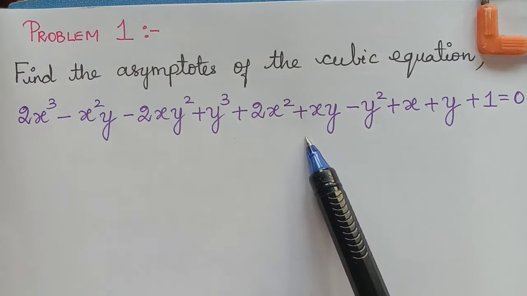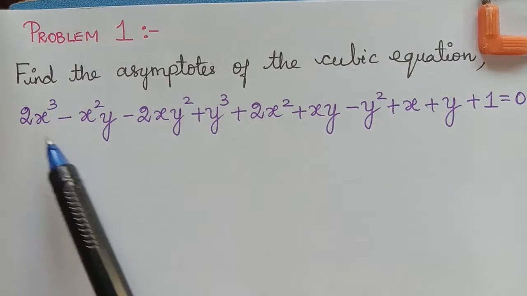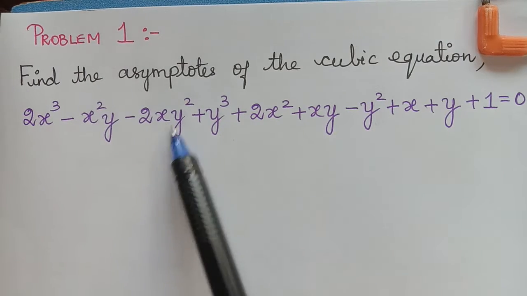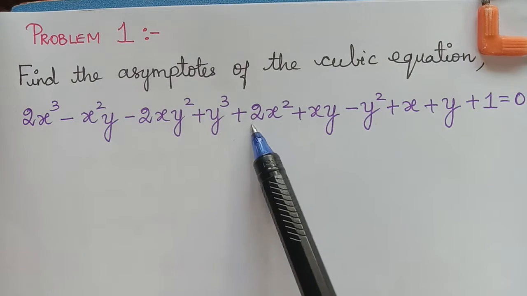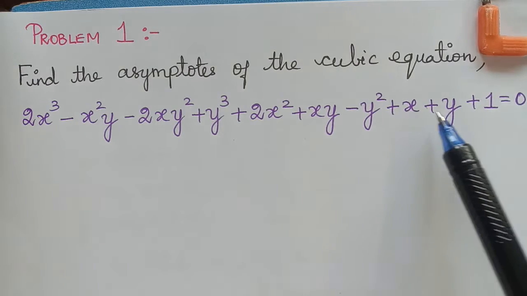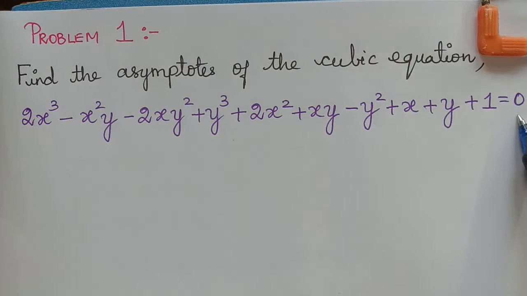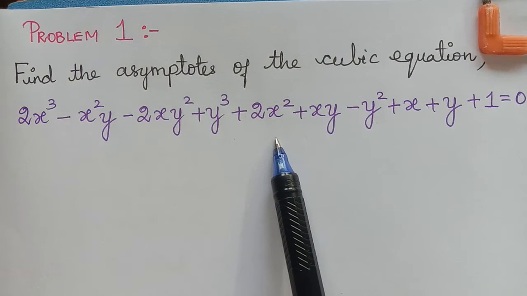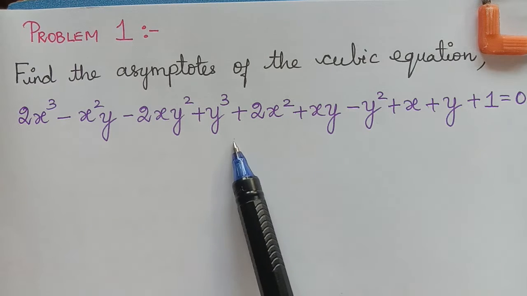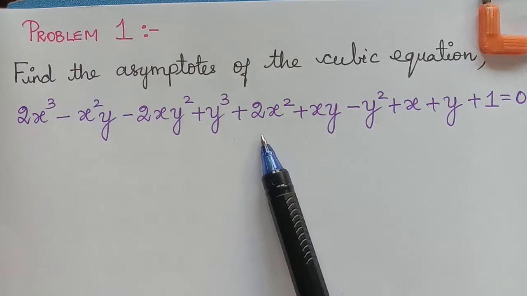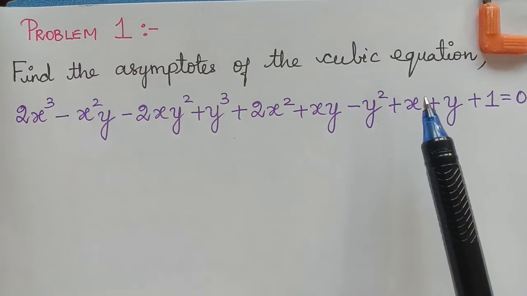Now here the given cubic equation is 2x cube minus x squared y minus 2xy squared plus y cube plus 2x squared plus xy minus y squared plus x plus y plus 1 equals 0. Now, in order to find the asymptotes for this given equation, the first step is we have to check for the highest degree of this given cubic equation.